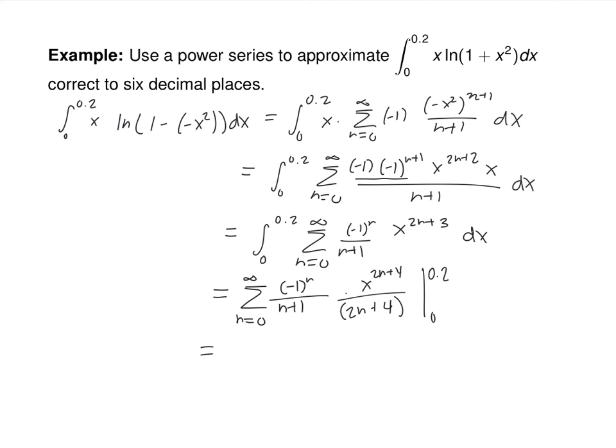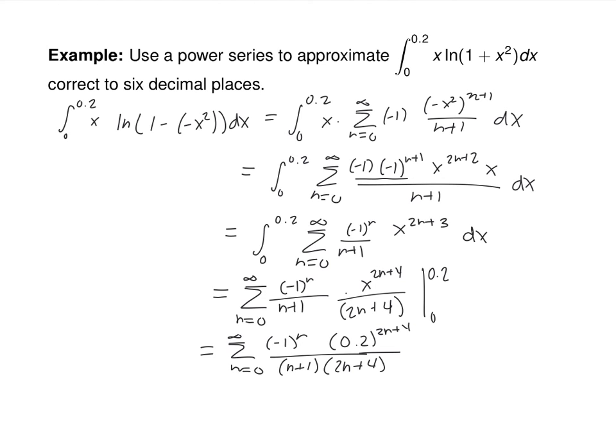And that will give us the sum from n equals 0 to infinity, negative 1 to the n, 0.2 to the 2n plus 4 over n plus 1 times 2n plus 4.